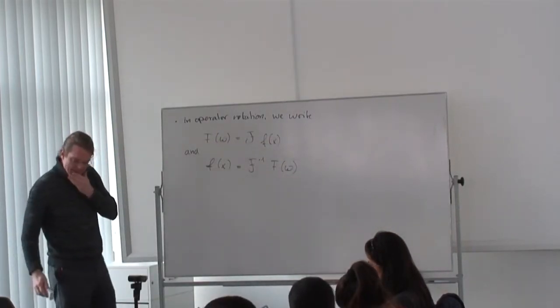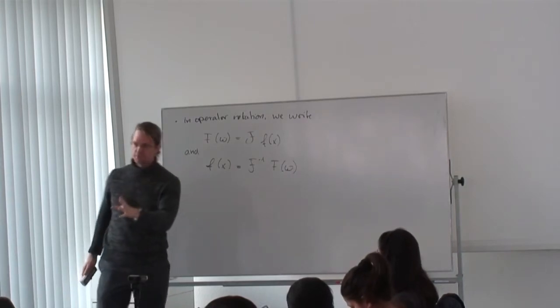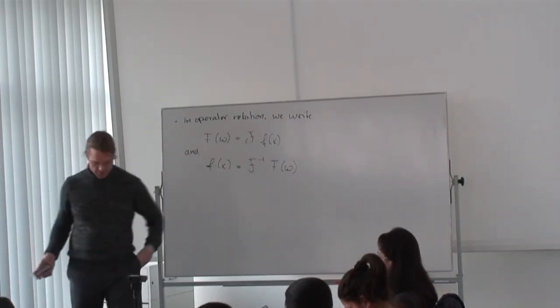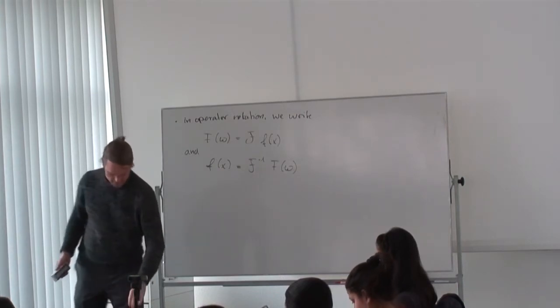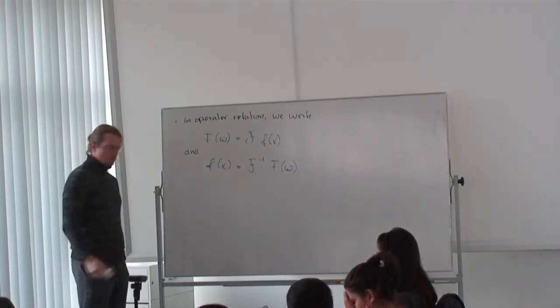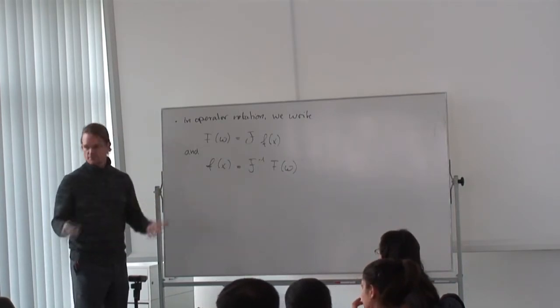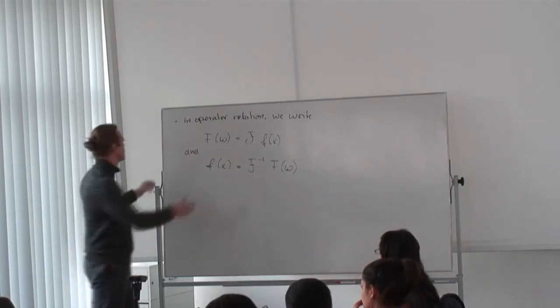Okay, I just threw in front of you the definition of the Fourier transform of a square integrable function f of x. We may, of course, try to Fourier transform the derivative of f of x. Let's see.